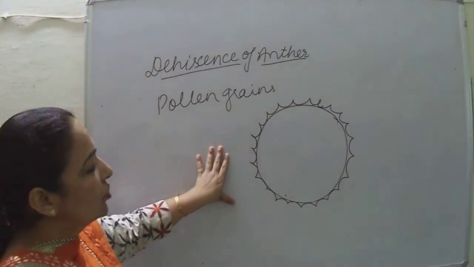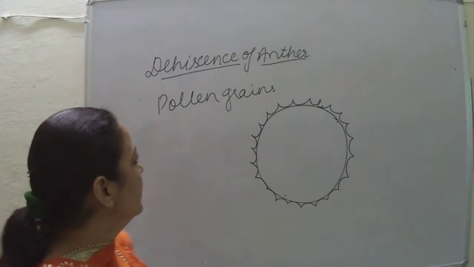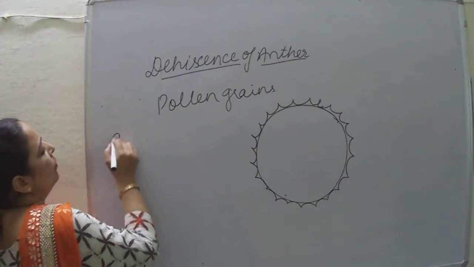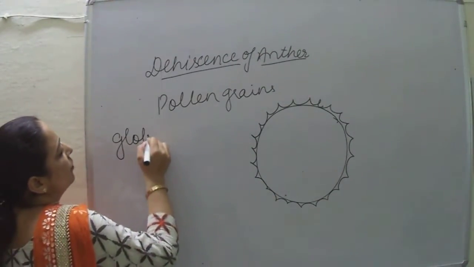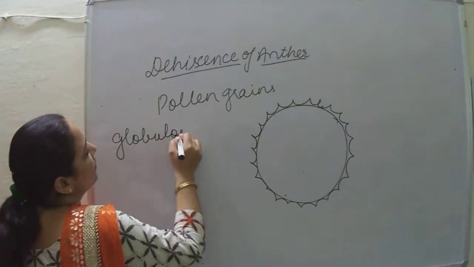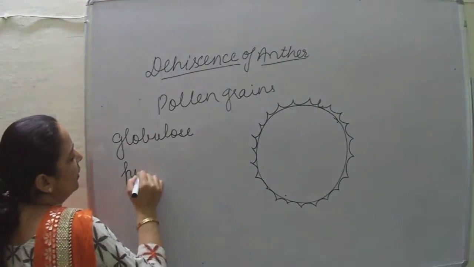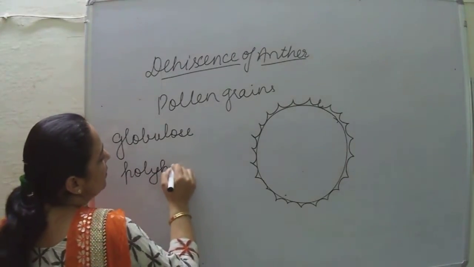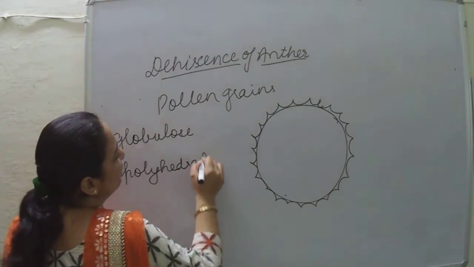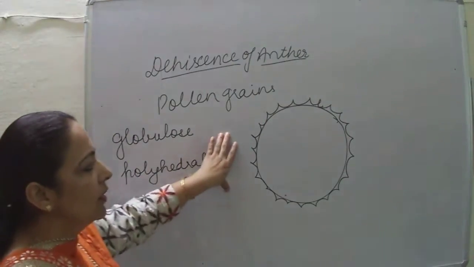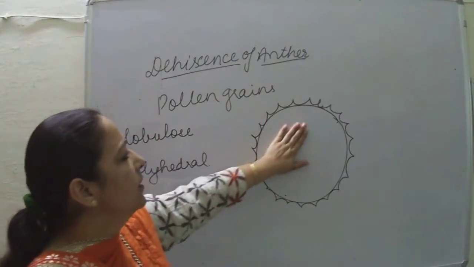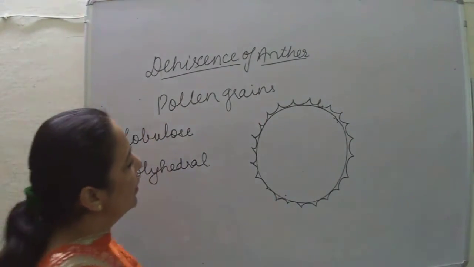This is the structure of pollen grains. Pollen grains are globular in shape. Sometimes they may be polyhedral. Various types of shapes are present in the pollen grain. This is the outermost structure of the pollen grain.